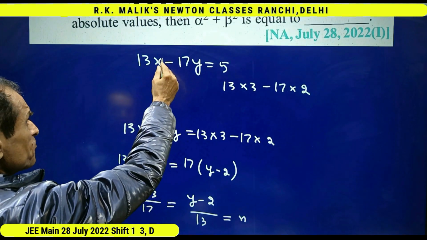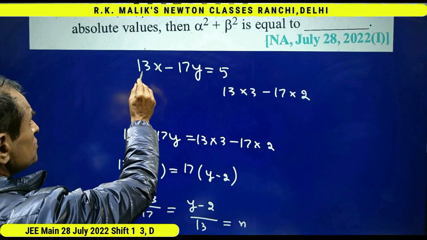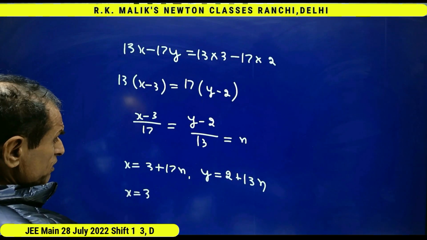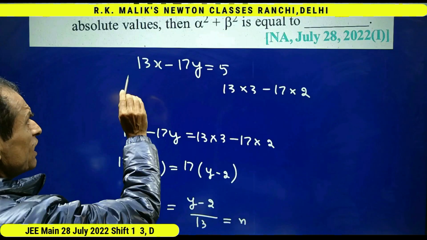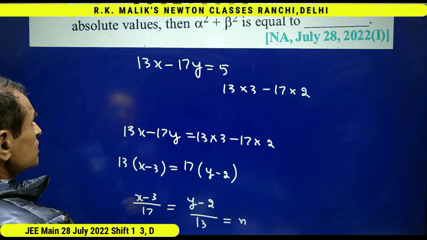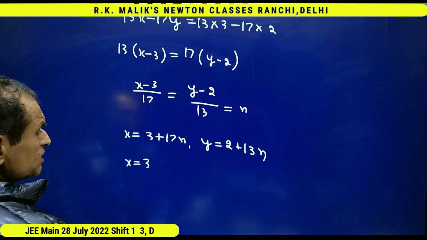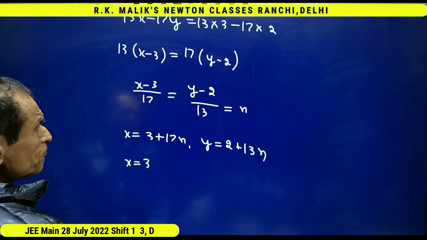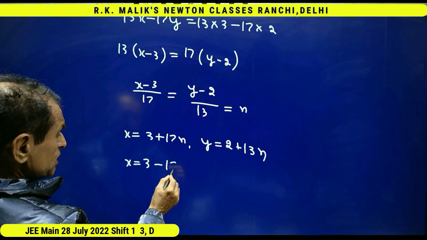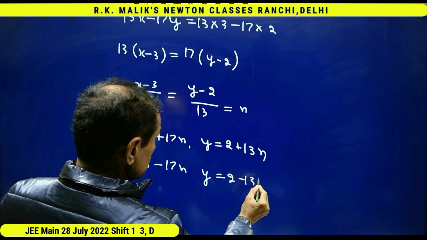Here minus 17 has come here, 13 has come here. You may be thinking that I could change the sign of 13 and keep minus 17 as it is, then I will get a different solution. That is, if I change the sign of 13 and keep minus 17 as it is, I will get x equal to 3 minus 17n and y equal to 2 minus 13n.